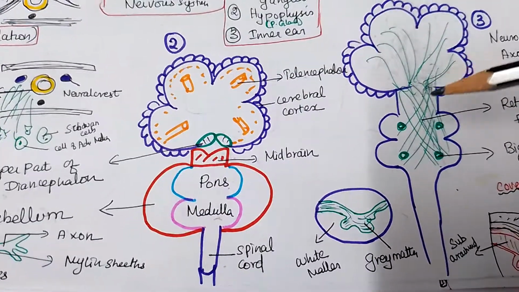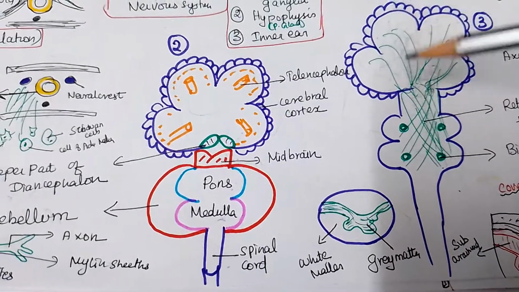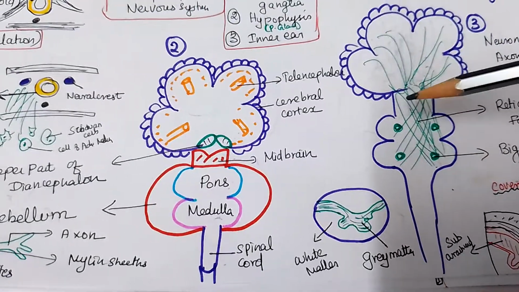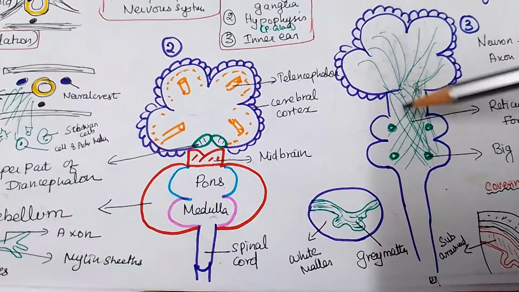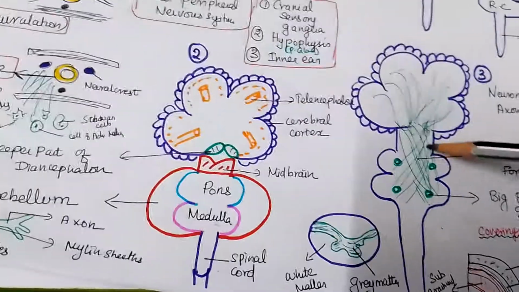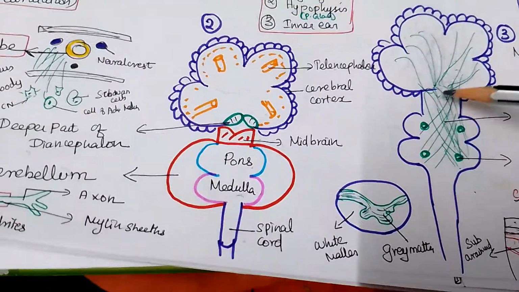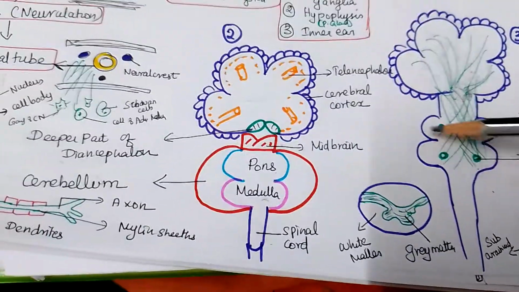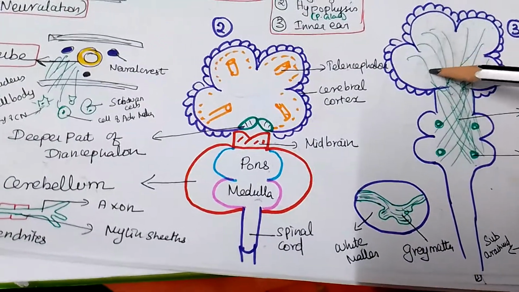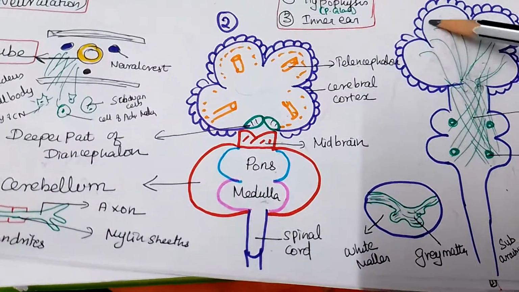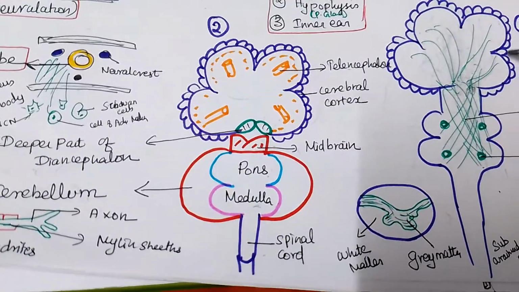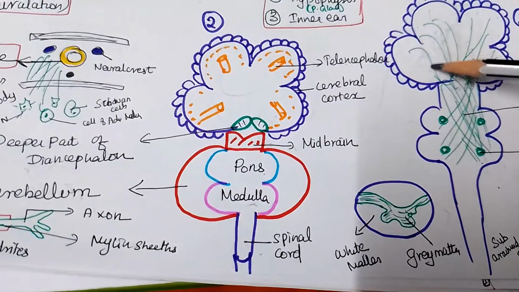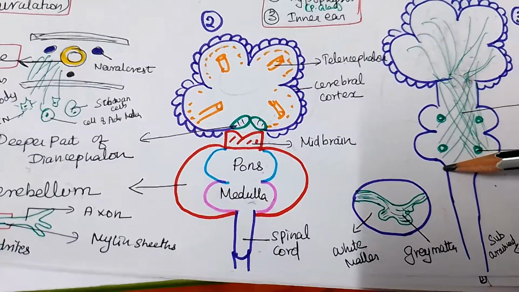When these cables come to the lower part, in this area they cross over with each other. Since the crossing over has taken place, in the main brain the outer matter is gray in color and the inner is white.